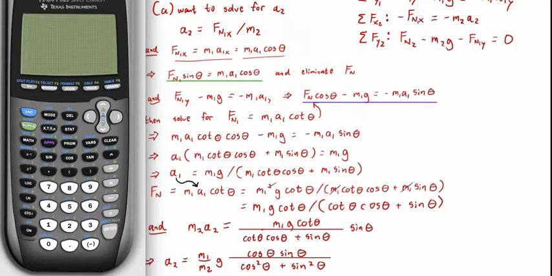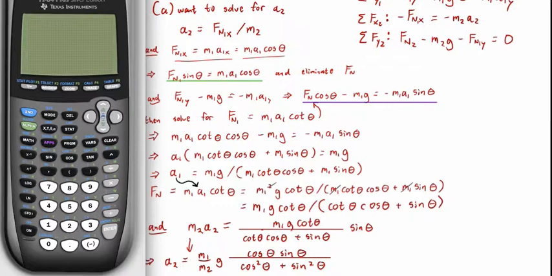I did that by multiplying both the top and the bottom by sine theta. I had a sine theta here, which just came from the component, but I distributed that sine theta in, which gave me my sine squared, and then I multiplied the top and the bottom by sine theta, basically getting a common denominator to simplify things. I'll let you work out that algebra and see how that step works, but we went from here to here.